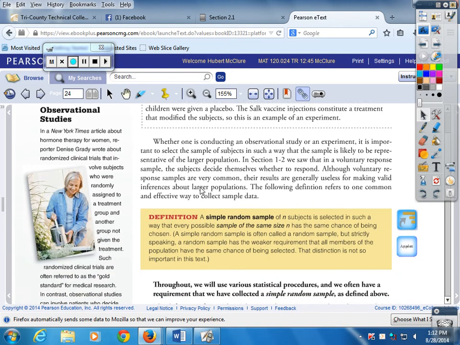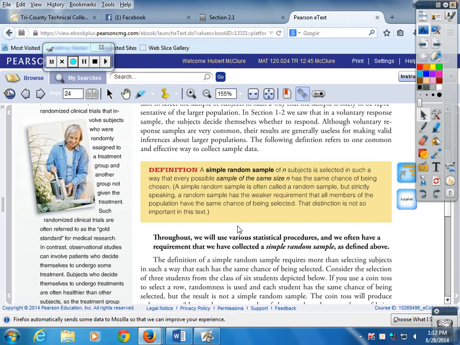Okay, random sample. All right, there's 2 definitions I want to give you for random sample. One is random sample, and the other is simple random sample. Now, random sample, there's not a definition of random sample, and I don't want you writing this definition for random sample because it's too long and confusing.